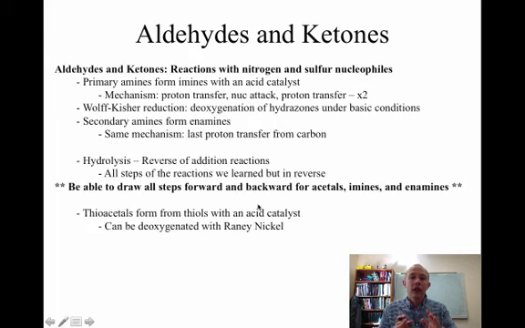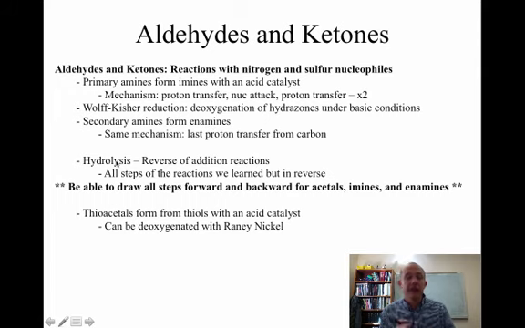Okay, so I know there's a lot of information that's been thrown at you, so let's summarize, right? Primary amines can react with aldehydes and ketones in the presence of an acid catalyst to make imines. Imines are useful, and one example of the utility of imines is the Wolff-Kishner reduction. We can deoxygenate aldehydes and ketones. You can use secondary amines to make enamines. The mechanism is the same except for the last step.